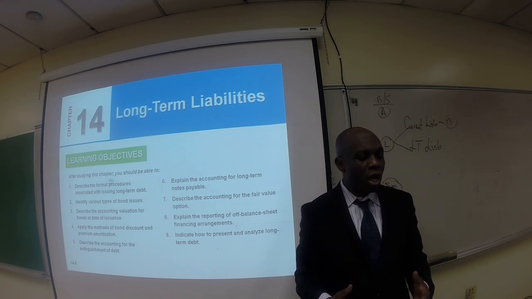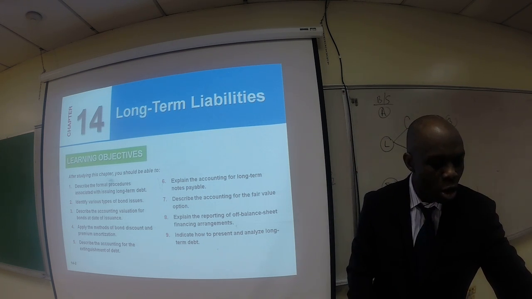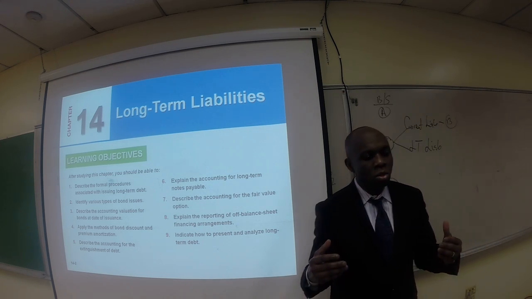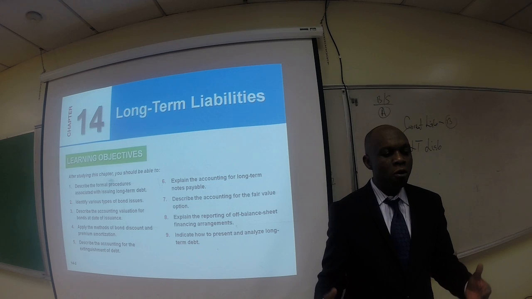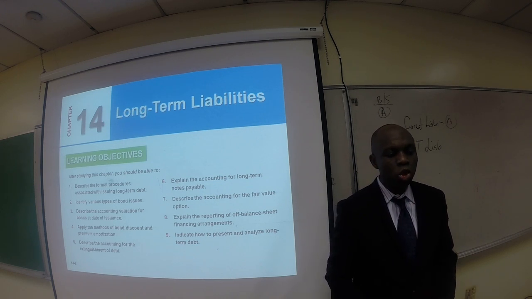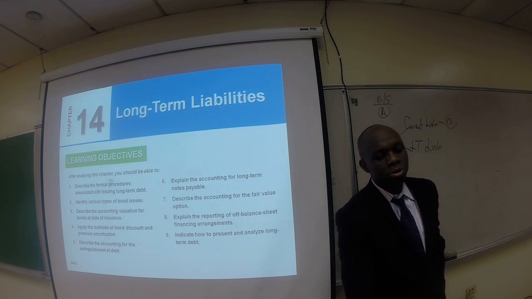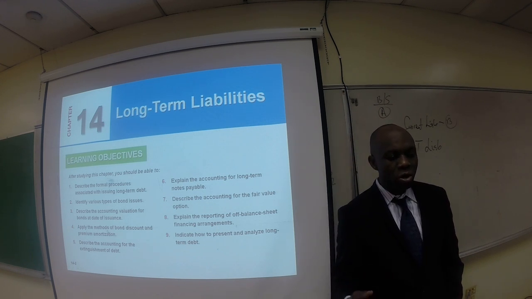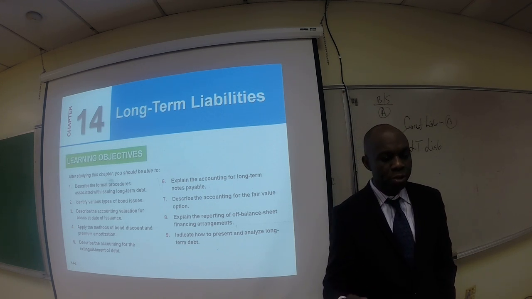So now let's take a look at the specific objectives of chapter 14. Number one, we are to be able to describe the formal procedures associated with issuing long-term debt. We are going to talk about different types of bond issues. We are going to talk about accounting valuation for bonds at the date of issuance, how to apply the methods of bond discount and premium amortization.